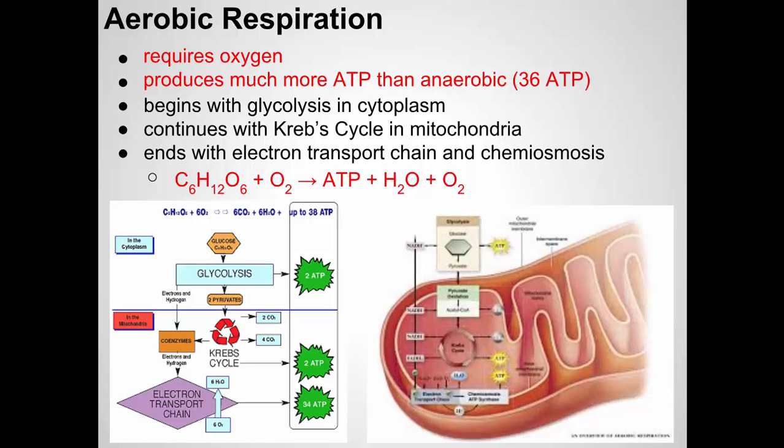This is our sort of generic equation for photosynthesis. Gives us the reactants and the products. The steps along the way are pretty complex, but understanding the basics of them is not too complicated.